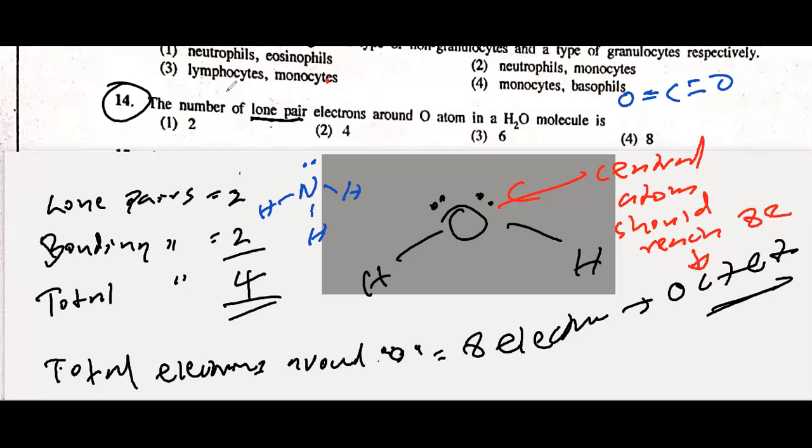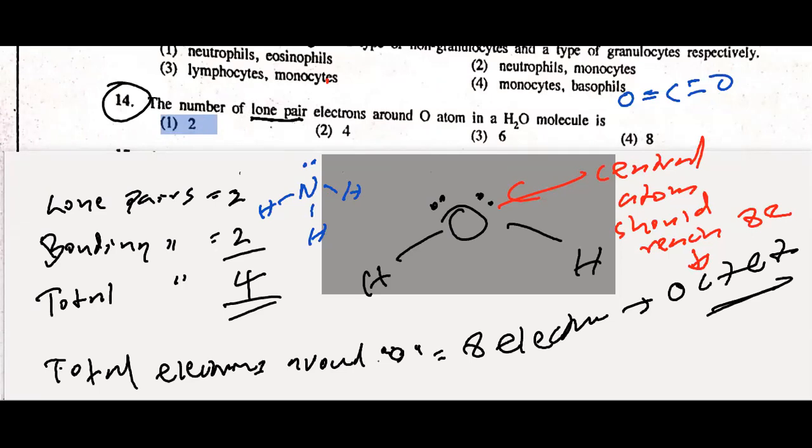So the answer is the first one, 2 lone pairs. Next time they can ask how many total pairs or bonding pairs. The same question can rotate in different forms, therefore you should explore this.